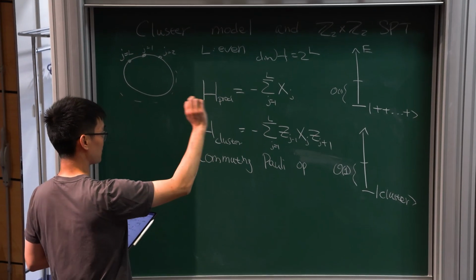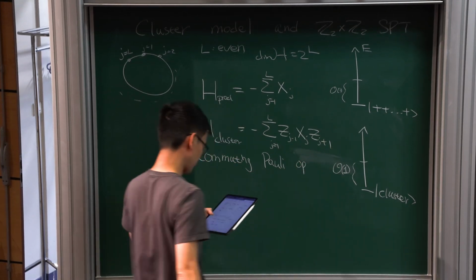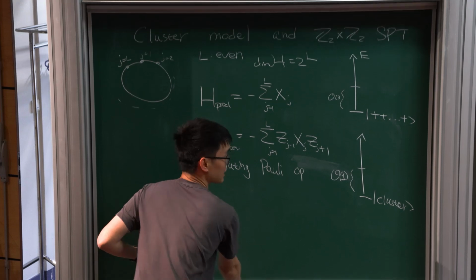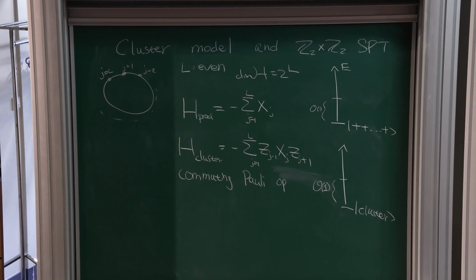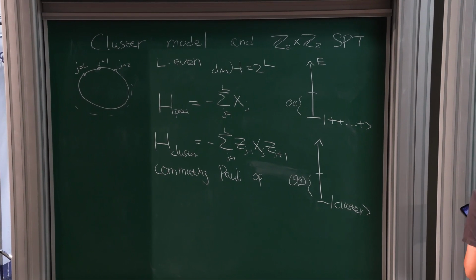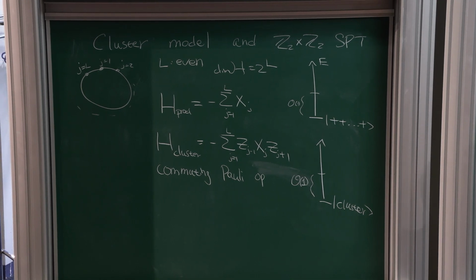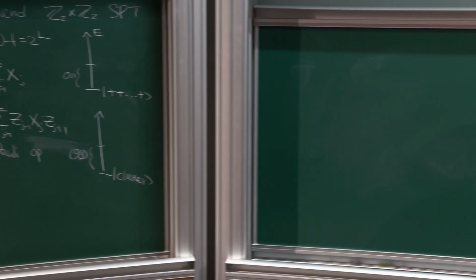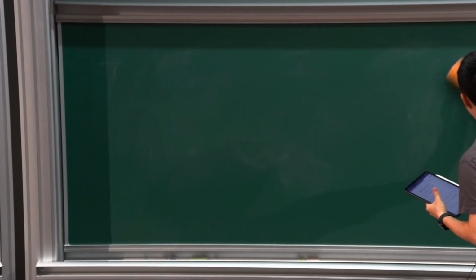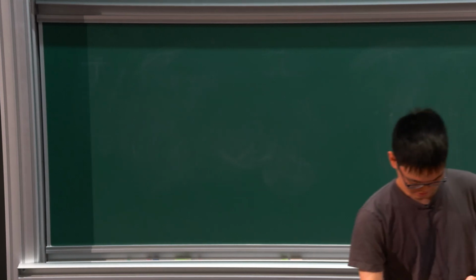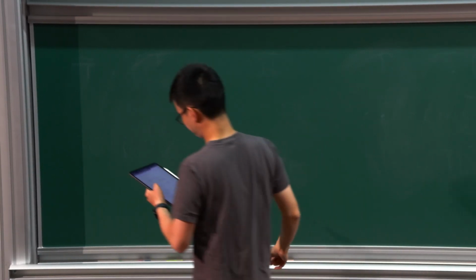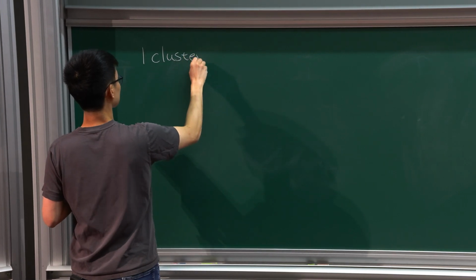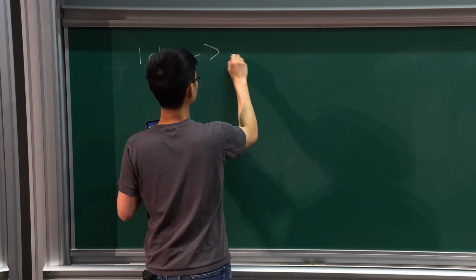Okay, so both Hamiltonians have the same kind of spectrum. And as Slava was already complaining, there should be a more direct way to see that. So this cluster state can be written in the following way.